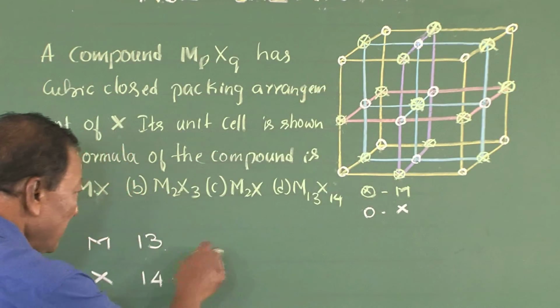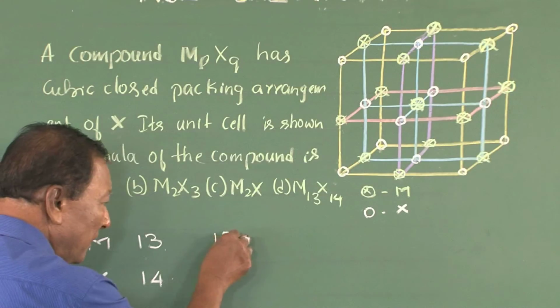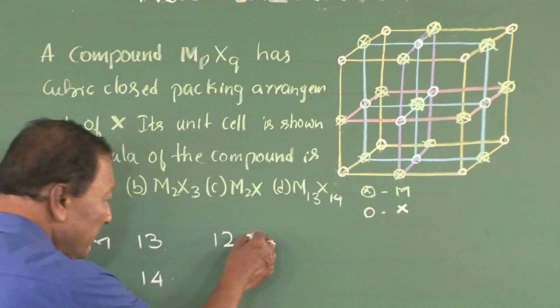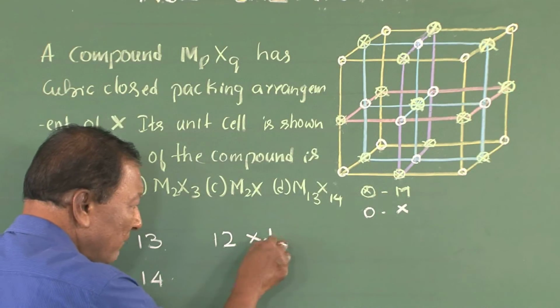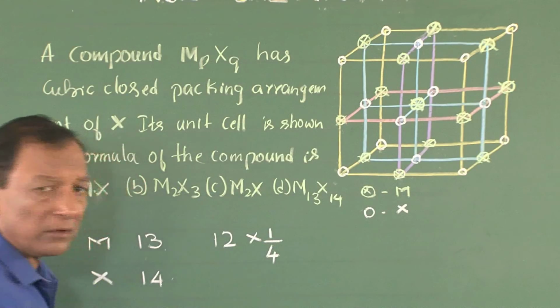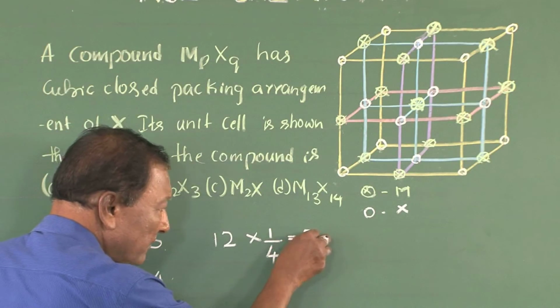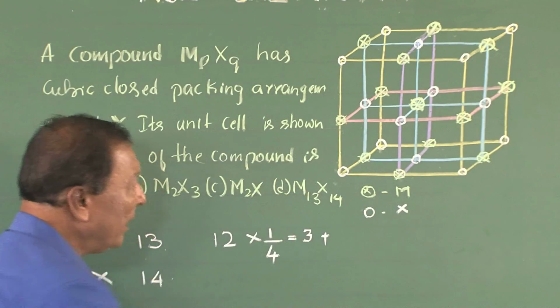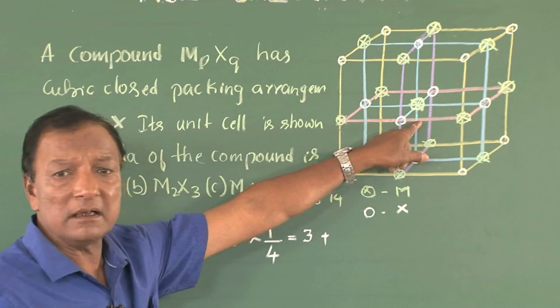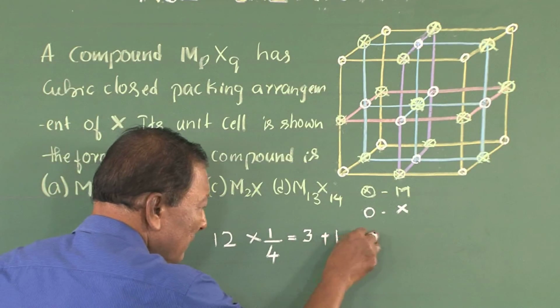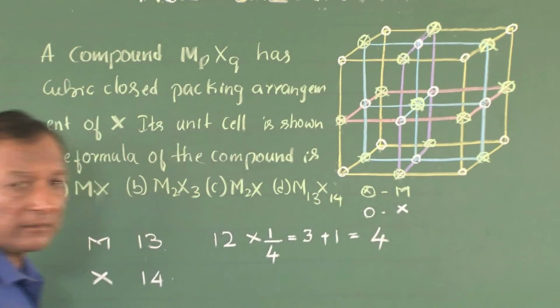Therefore, it is 12 lattice points at the edge centers, and each edge center will give a contribution of 1 by 4, and this gives 3 particles out of it, and one from exactly the center of this unit cell, and that gives the particles 4.